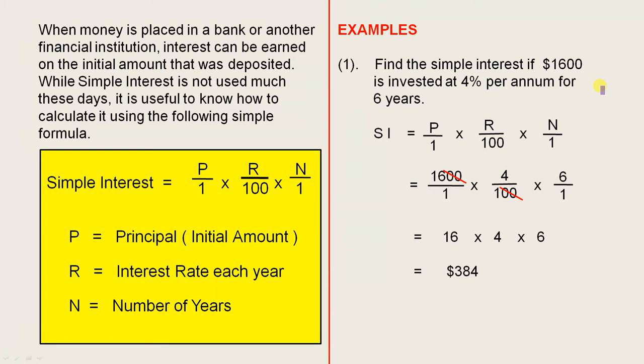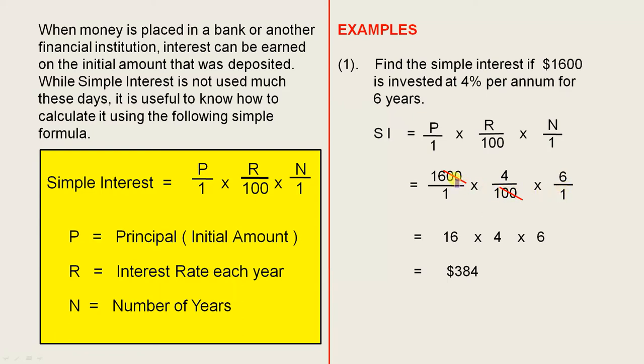Find the simple interest if $1,600 is invested at 4% per annum for 6 years. So that's the formula we saw earlier. There's your 1,600 over 1. The interest rate is 4%, so it's 4 over 100, and the number of years is 6, so it's 6 over 1.